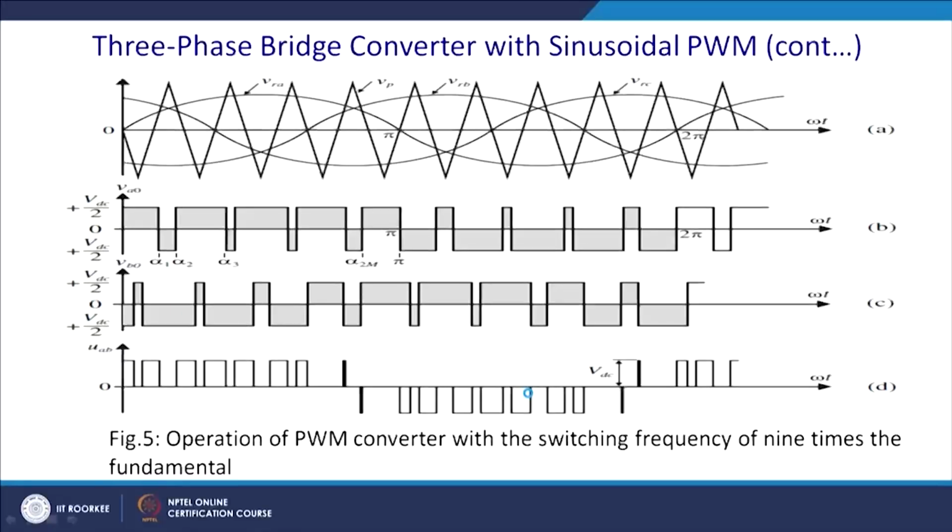These are 3 sinusoidal voltages shifted by 120 degrees. This is actually for the VAO and this is for the VBO, and ultimately if you subtract these, essentially you get the line voltage. Thus, the negative term will cancel and you will have unipolar voltages in the case of the line voltages.